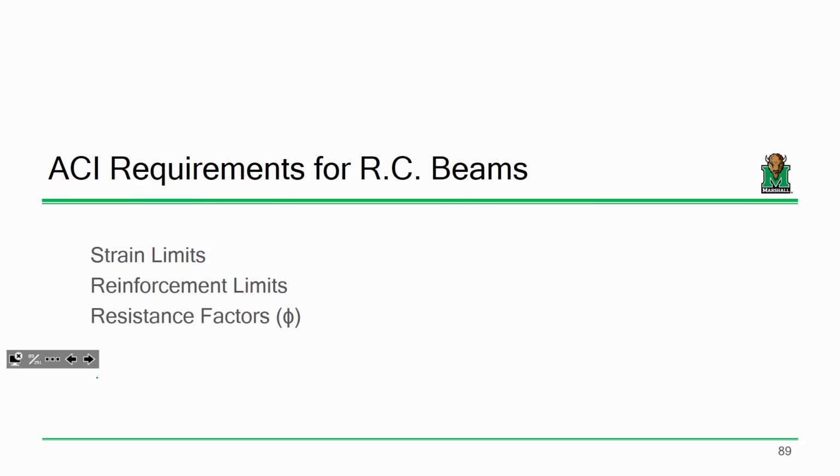Essentially, to answer your question quickly, you will have an A sub S, an area of steel. Then you'll also have an A sub P, an area of pre-stressing cables. And then it's all about just determining the usable stress of your cables, and then it's still C equals T. It's a whole nother can of worms, though, because pre-stress, unlike just regular reinforcement, has a lot more complications in regards to its behavior.